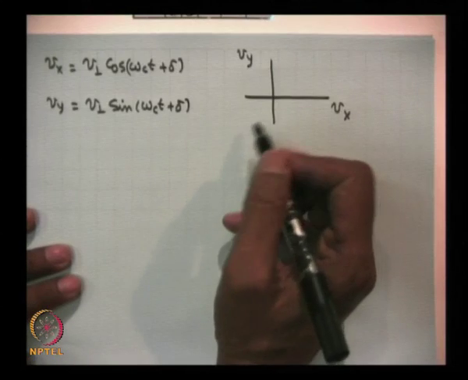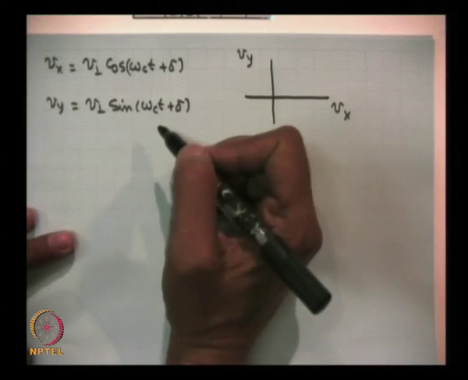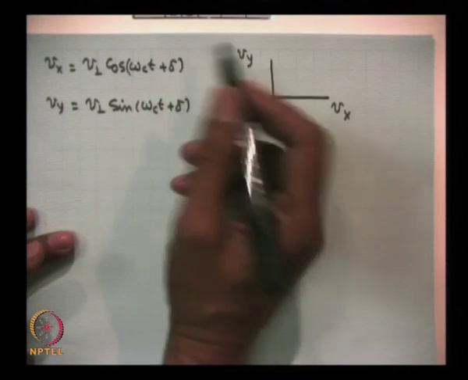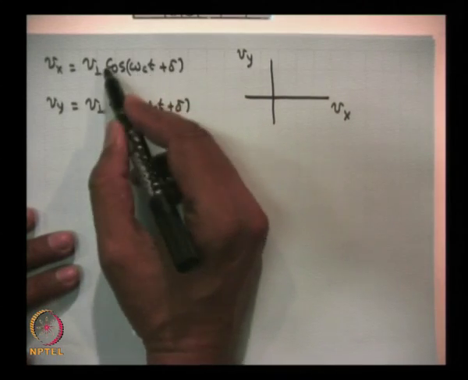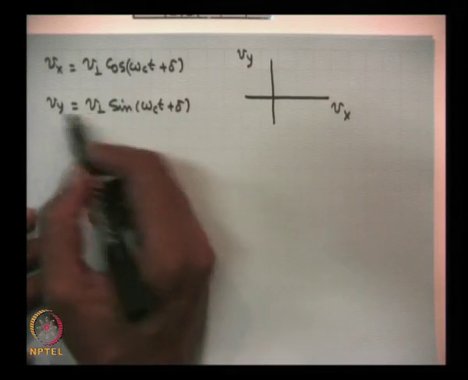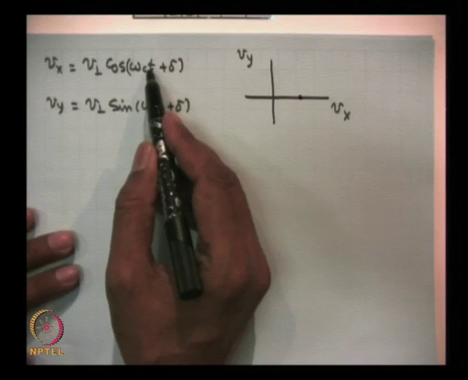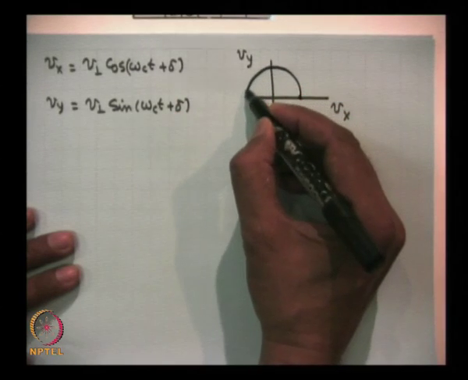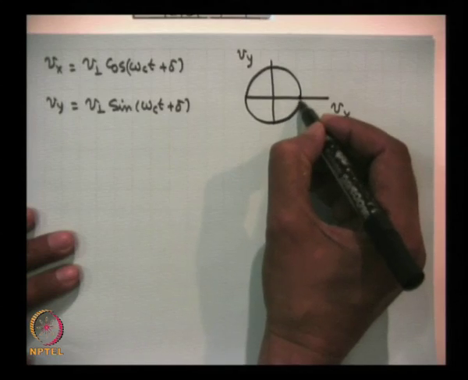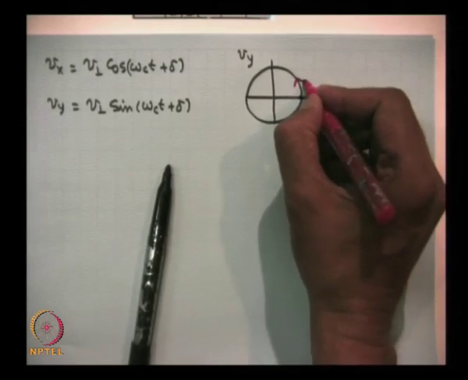Now, if you plot, for the sake of specificness, suppose I choose delta equal to 0, it really does not matter what delta you choose. At delta equal to 0, at time t equal to 0, Vx will be V perp and Vy will be 0. So, you are somewhere here. At a later time, this quantity will decrease, this will increase, and this electron will rotate like this. So, this is the way the electron will move.